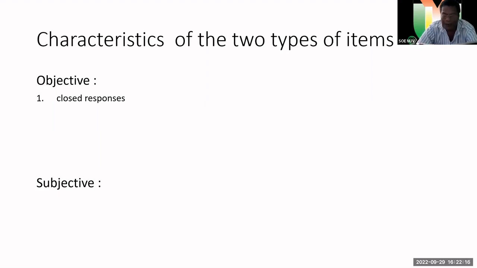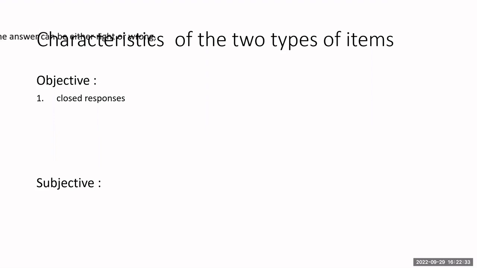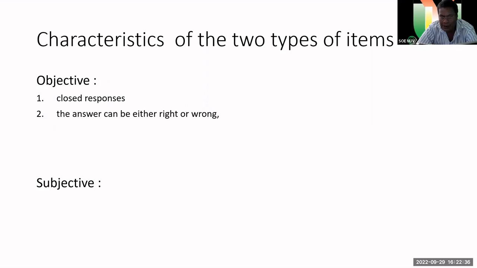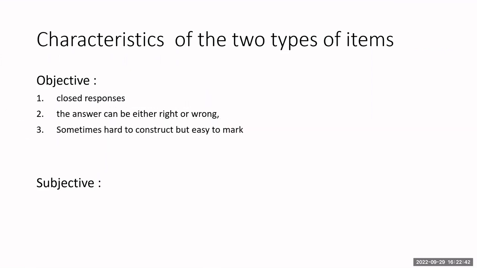What about subjective items? What kind of item is subjective? Problem solving or essay. Yes, essay, assignment. One of the characteristics of objective items is that the answer can be either right or wrong, and sometimes they are hard to construct but easy to mark.